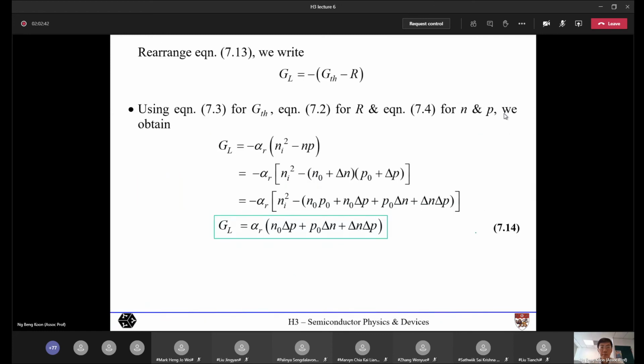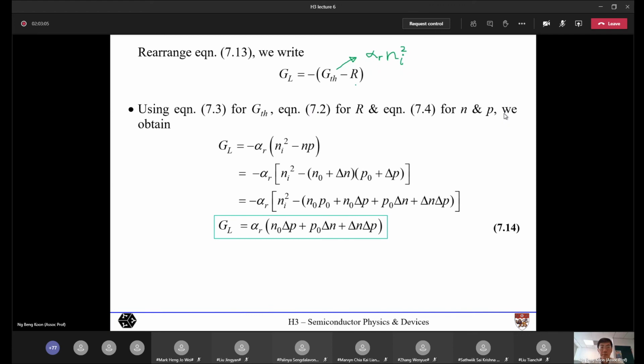So if you rearrange this, we can write GL as minus bracket GTH minus R. And we can actually put in the respective terms for GTH and R. So recall GTH just now using the trivial condition, right? We see that it's equal to alpha R Ni square, independent of the external factors.